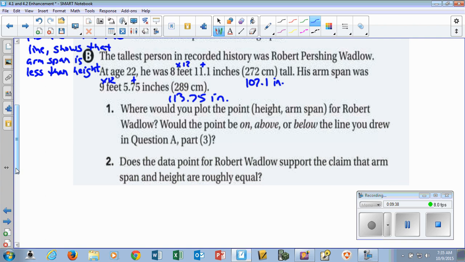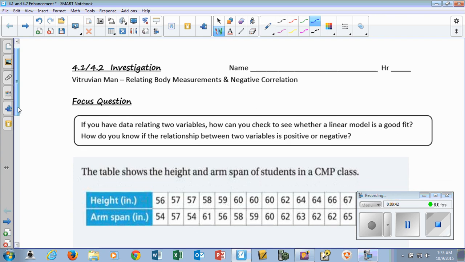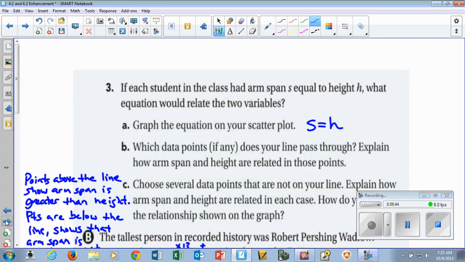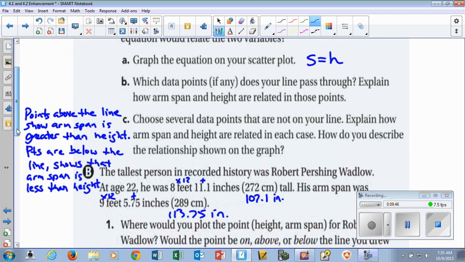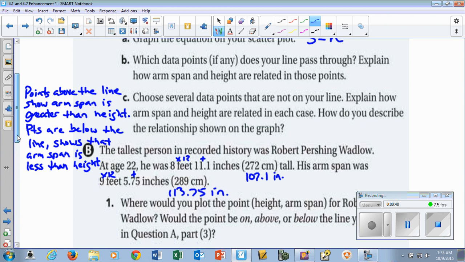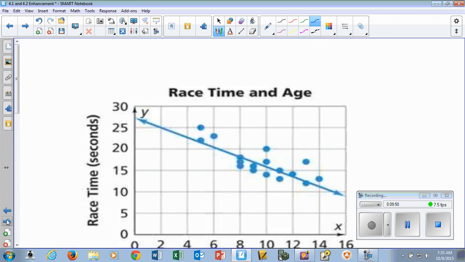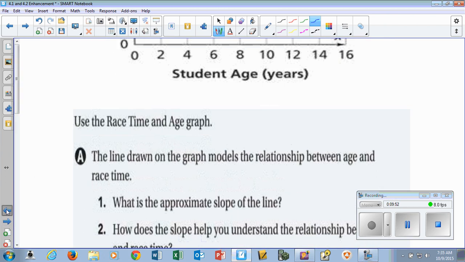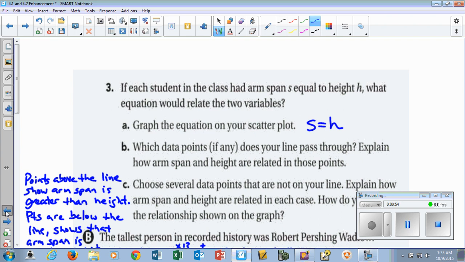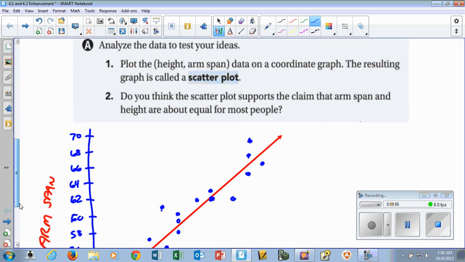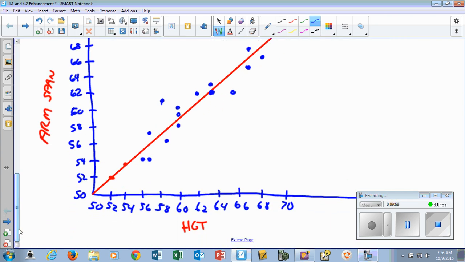Well, if you go back to your graph, let's get that number again. So he was 107.1 and 113.75. So that number, if you look at our graph, is all the way down here. Well, 107, I mean, we're at 70, we finish here, so we're talking way off to the right and then extremely vertical.